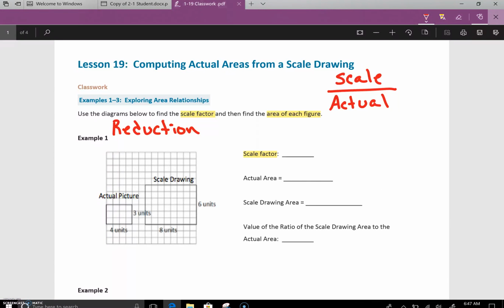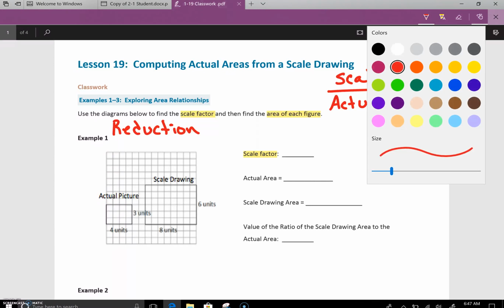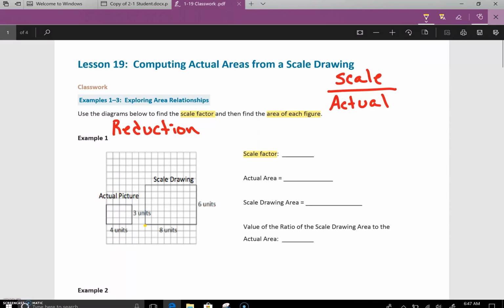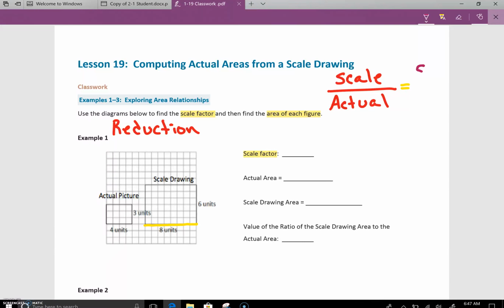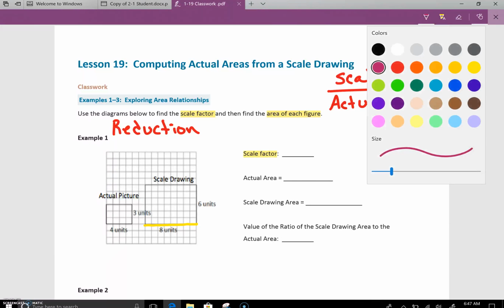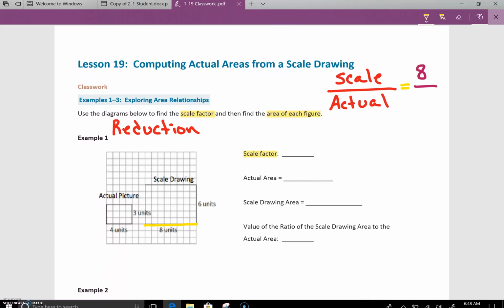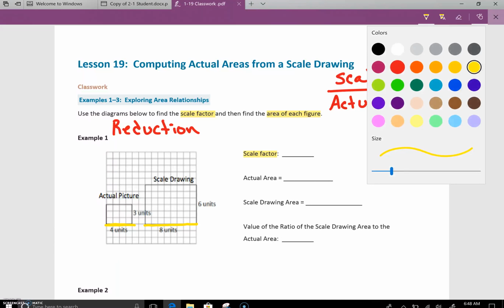And here's what I mean by that. We're going to pick a side of our scale drawing. We can choose. I'm going to pick this bottom edge. It's got a measurement of 8 units. I'm going to put that over the top of the corresponding side on the actual picture. So I have to pick the same side of the actual picture, and that one's 4 units.